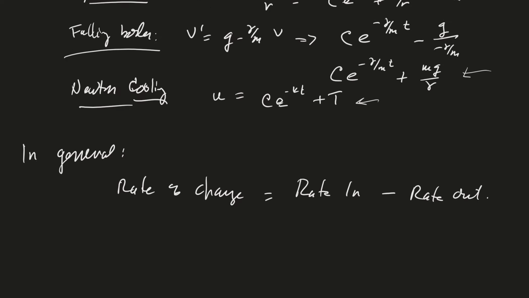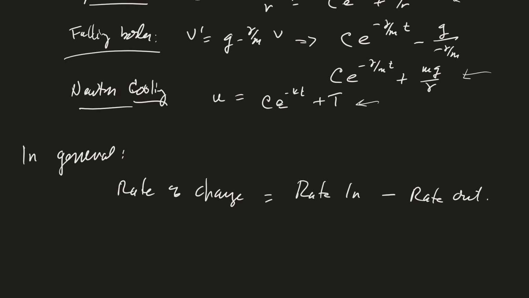And a key part of doing the modeling is going to be to keep track of the units. If you've had physics, you know that units play a key role in keeping everything straight. Okay, so we'll be back in just a moment.